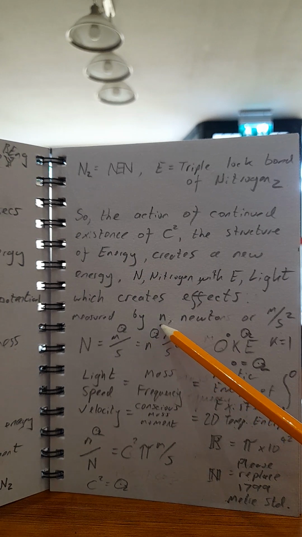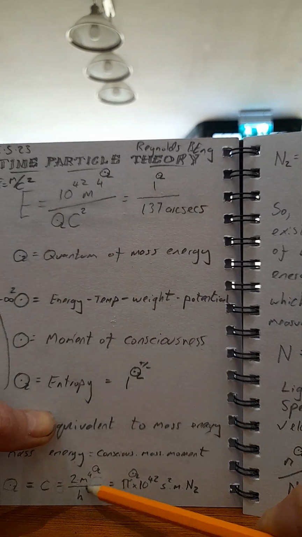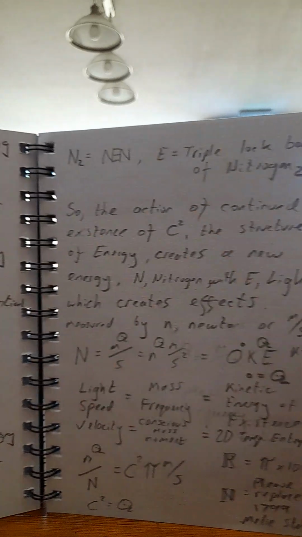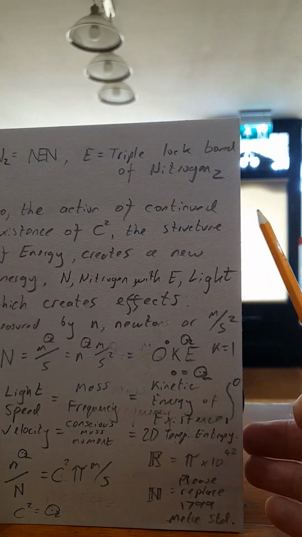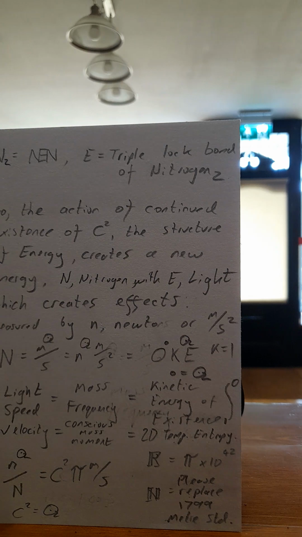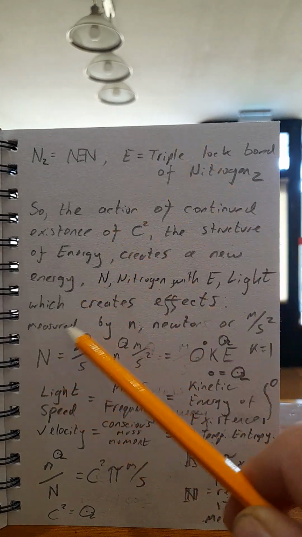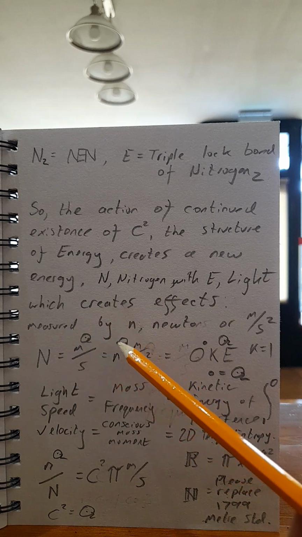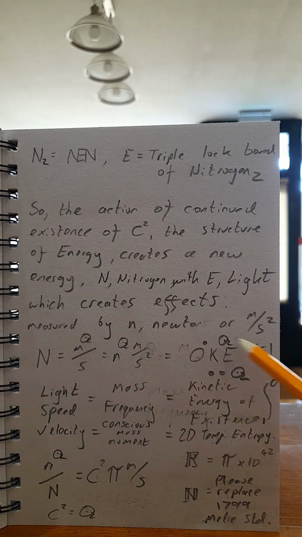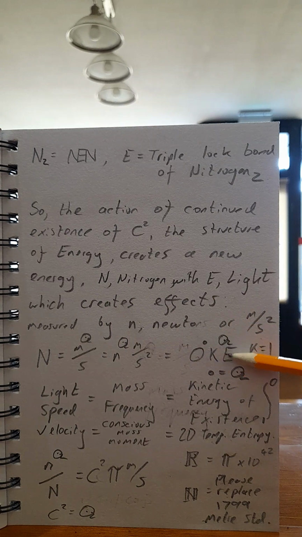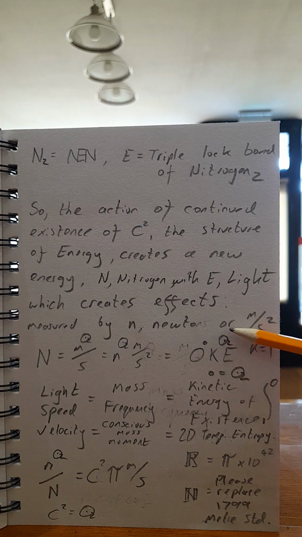And that's measured by Mr. Planck, the H. So then we have something lovely, I think, here. Okay? So we've got light, power, creates force, gravity, equals this thing here, which is 0 degrees kinetic energy to the power of the quantum.